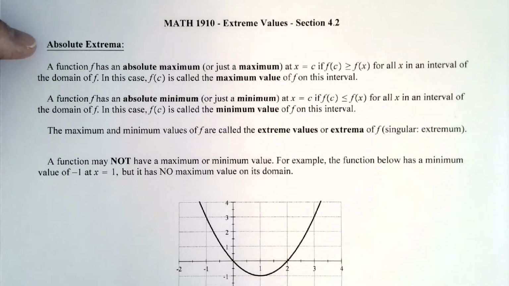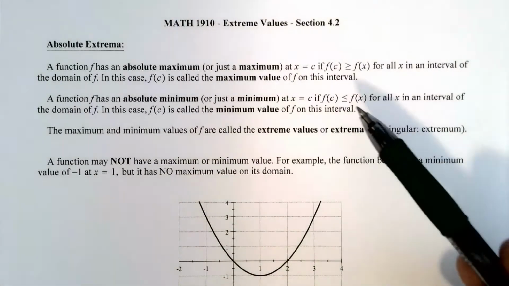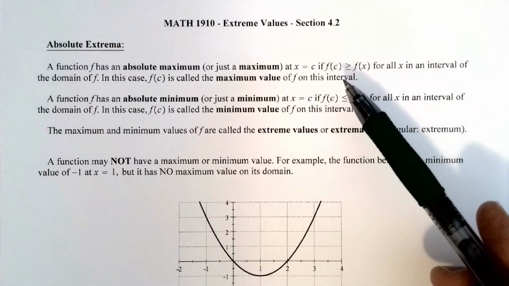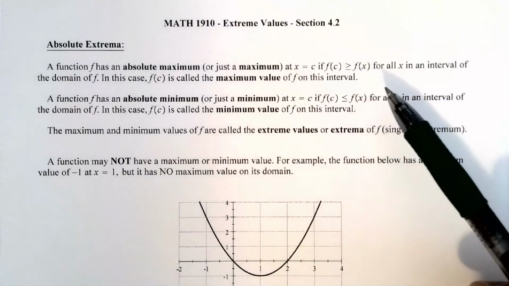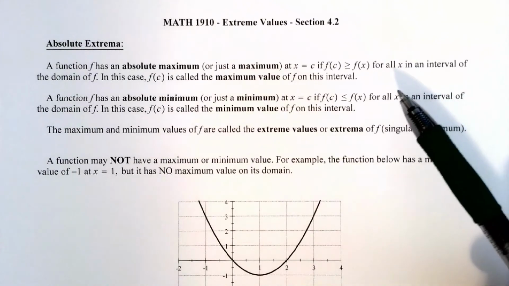So we first of all talk about the absolute, sometimes called global, extreme values, or extrema is plural. A function has an absolute maximum, or just a maximum, at x equals c if f of c is greater than or equal to f of x for all x in an interval of the domain of f.